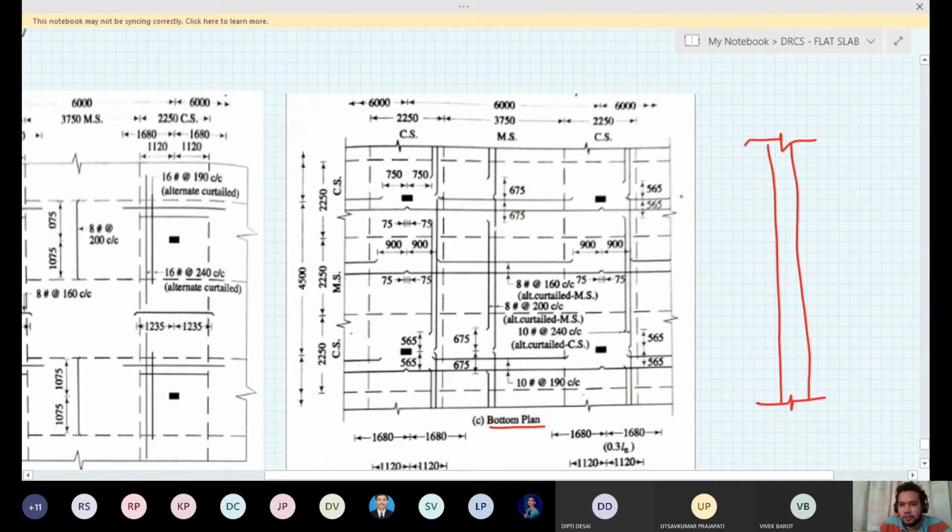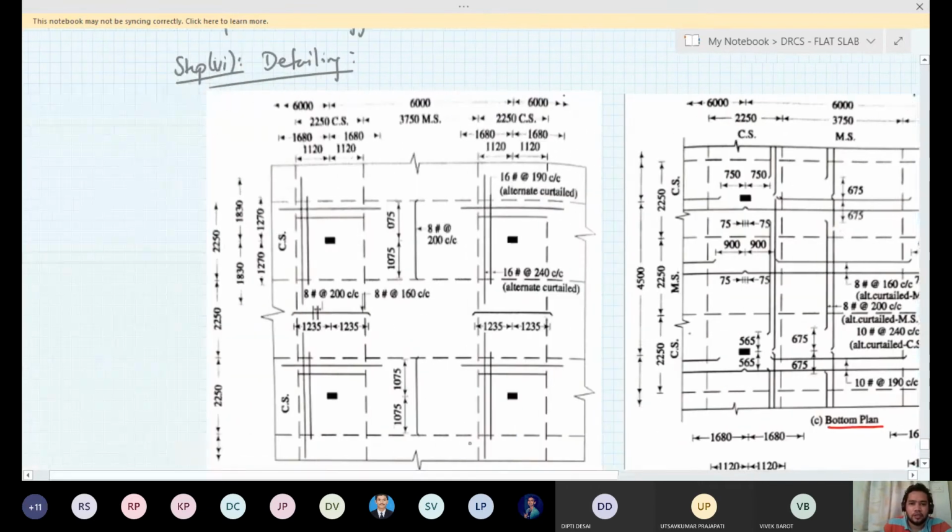Okay, this will be your column here, like this. And in the same way you can provide the reinforcement, whatever reinforcement you have provided for both the sections, you can provide the section along the short direction also.